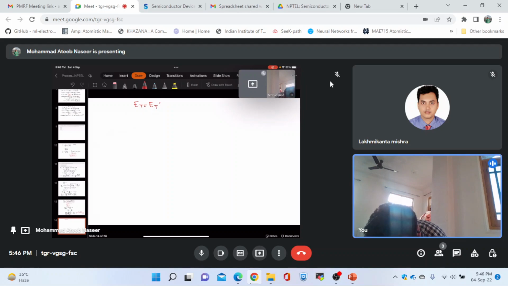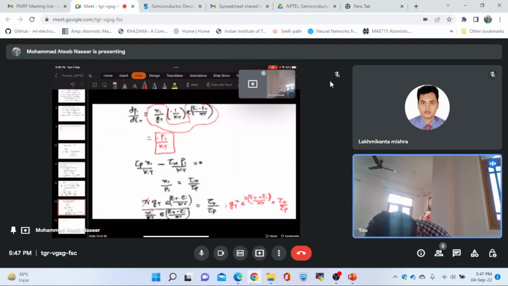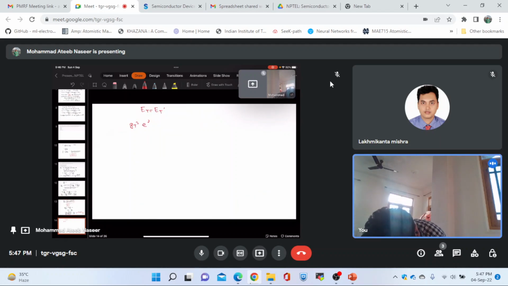It will mean that gt square exponential of 2 times (Et dash minus Ei) by kT is equal to tau n by tau p.